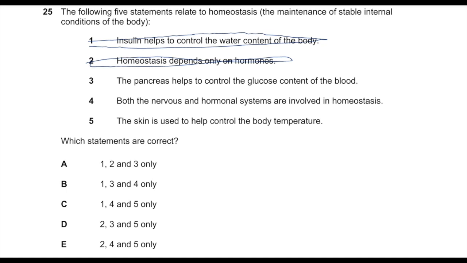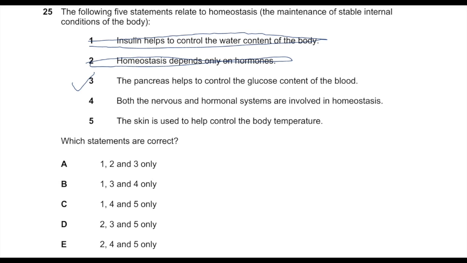3. The pancreas helps to control glucose content of the blood. This is true because in the pancreas we have beta cells, and they have receptors on them that can stimulate insulin production. So 3 is correct. 4. Both the nervous and hormonal systems are involved in homeostasis.